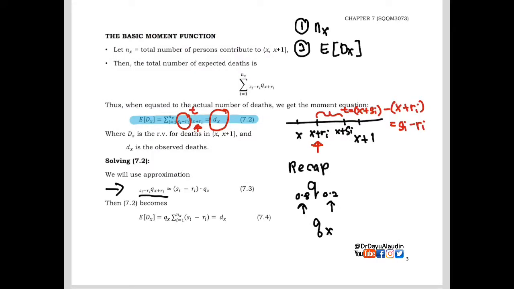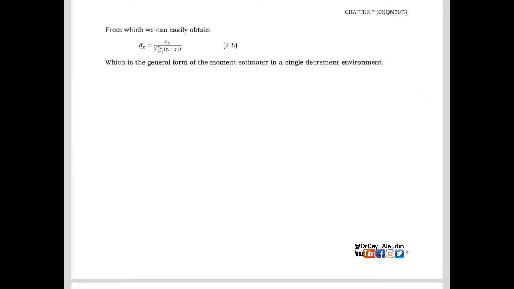The approximation we use is SI minus RI times qx. So equation 7.2 becomes 7.4. This is how we get equation 7.4. From that equation, we can calculate qx, which is equal to dx, the actual number of deaths, over the summation of SI minus RI. This is the general form of the moment estimator in a single decrement environment.